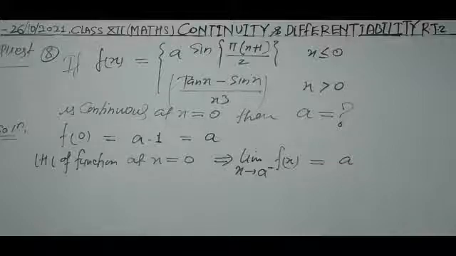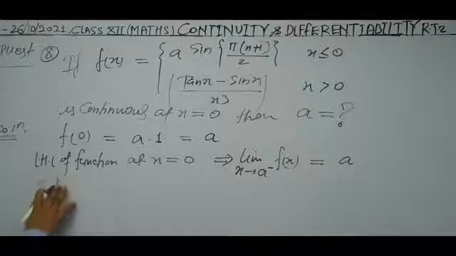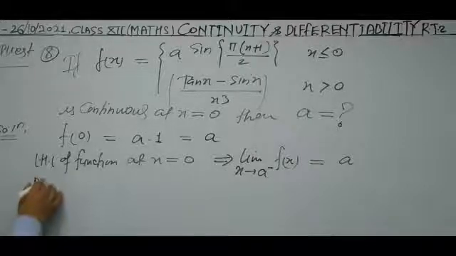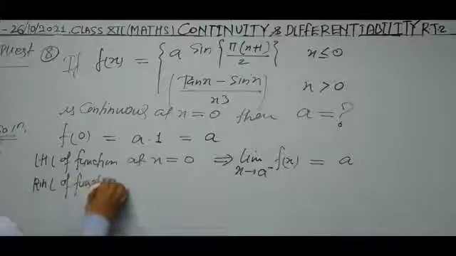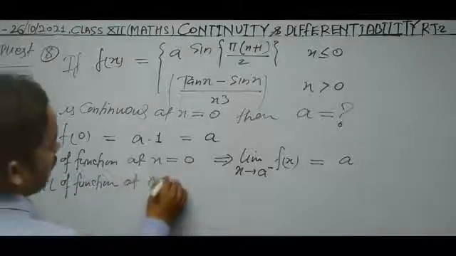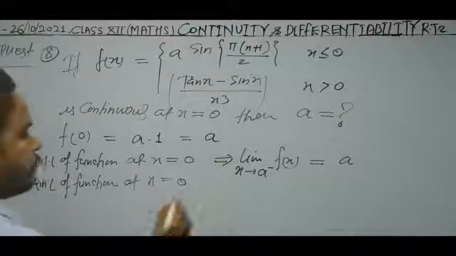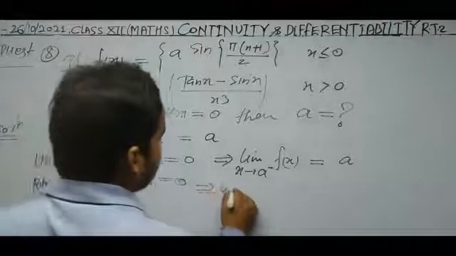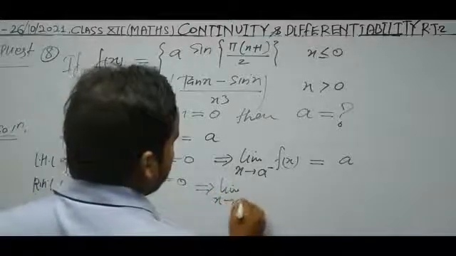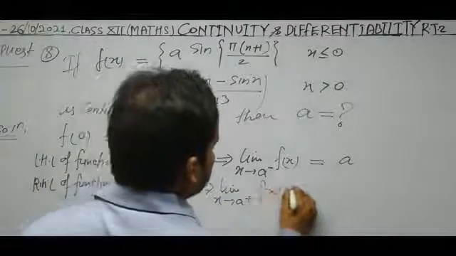Also, when you calculate RHL, the function at x is equal to 0, this implies limit x tends to 0 plus f of x.